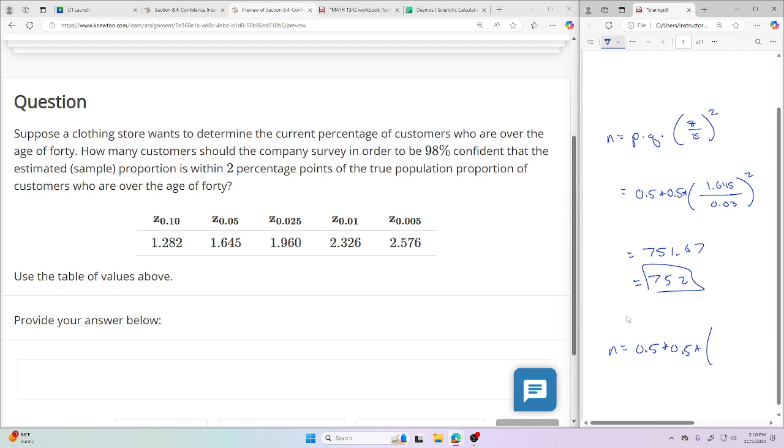What's 98% confidence? You remember? Oh, dang. I only knew 2.33, but you're right. That's awesome. Did you memorize that one too? Oh. Thank you. You're right. Yeah, it's right there. 2.33, 2.326. Yes.